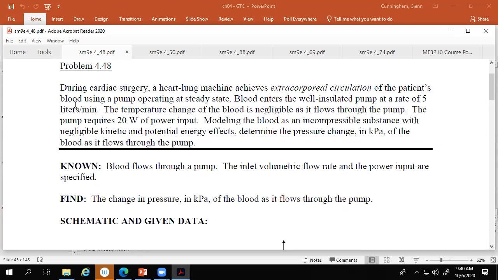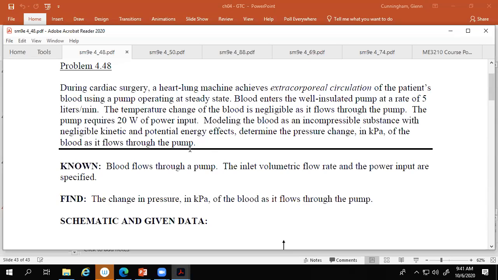But every time you get a flow rate, you want to think about it: are they giving me mass flow or volume flow? If they're giving you volume flow, what's the next thing that clicks on in your brain? I'm going to have to find a density or a specific volume, because we typically don't use volume flows in the balance equations. It's all mass flow. All these little switches need to click on in your brain so you can anticipate what you're going to have to do.